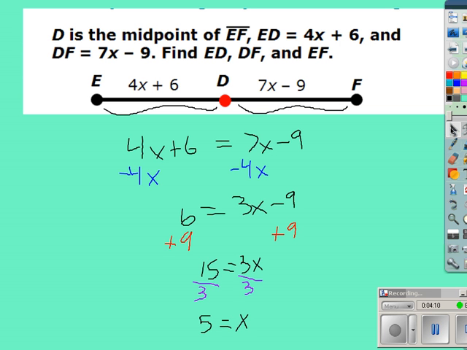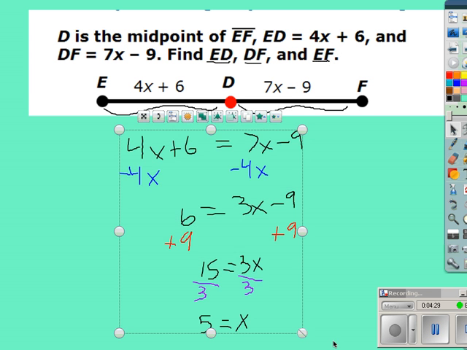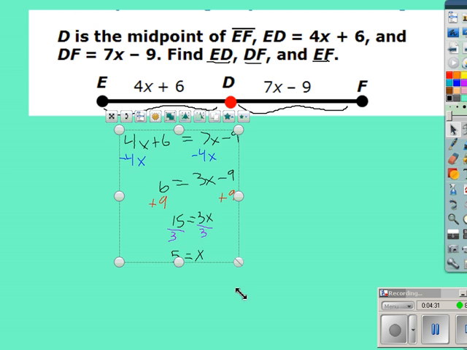Now, sadly, that's not the answer. The question was not find x. The question is how long is ED, DF, and EF? So we're going to take this information that we got from our algebra. I'm just going to give myself a little bit more room, move this out of the way.